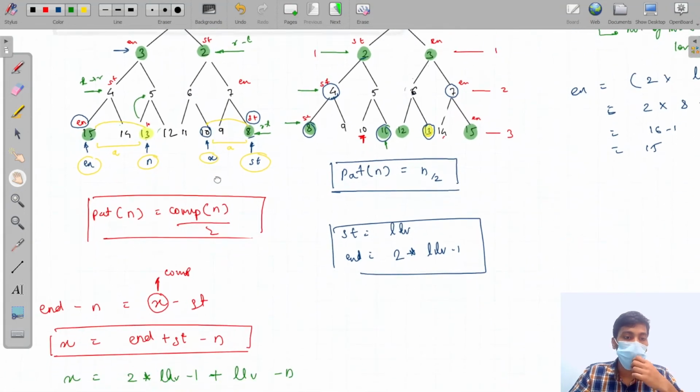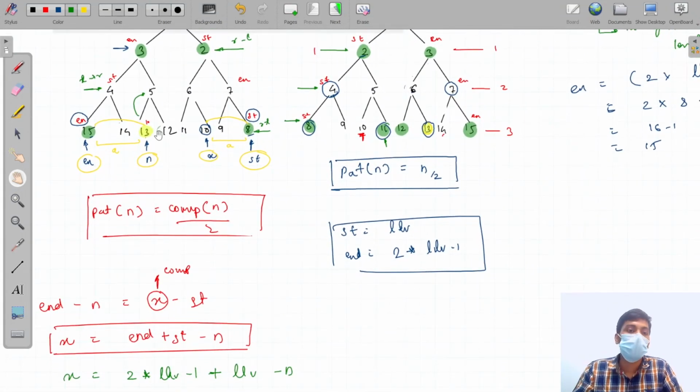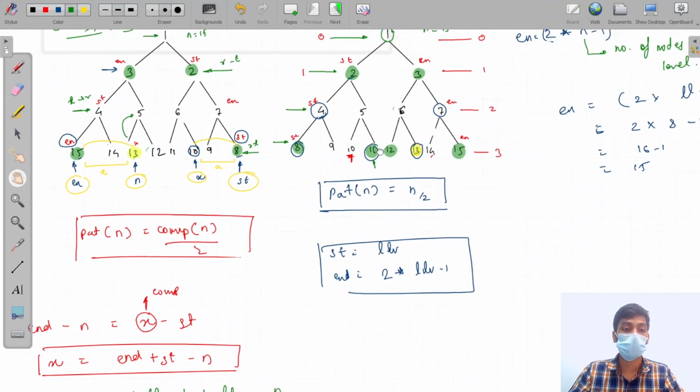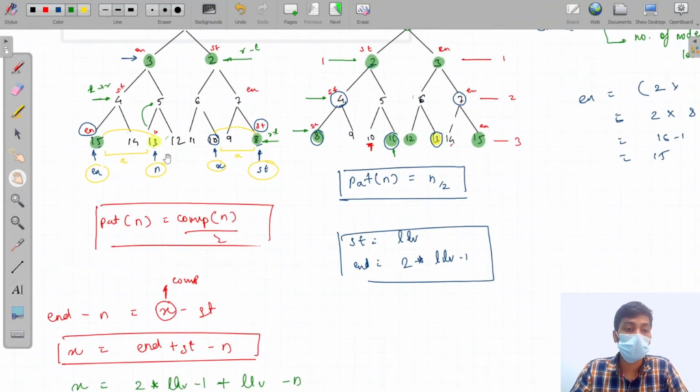We derived a formula that if somehow I am able to get the complement value of this given n, that is the original value that should be present at this particular position in the given correct tree, and if I divide it by 2, I'll be able to get the parent, right?